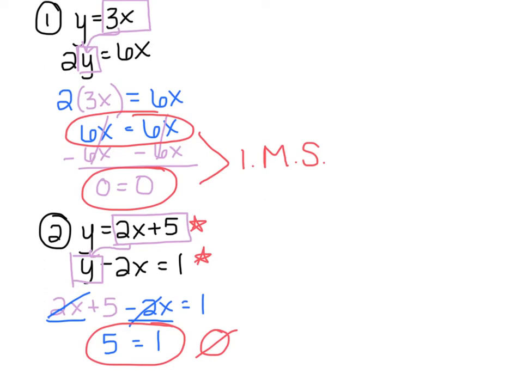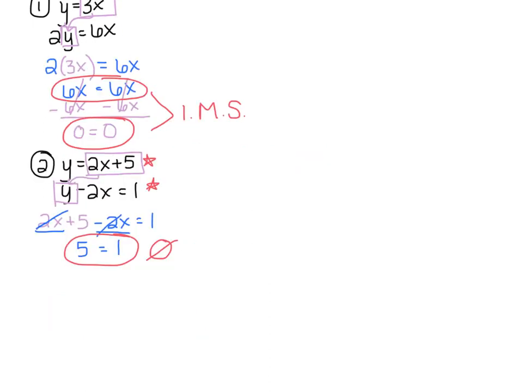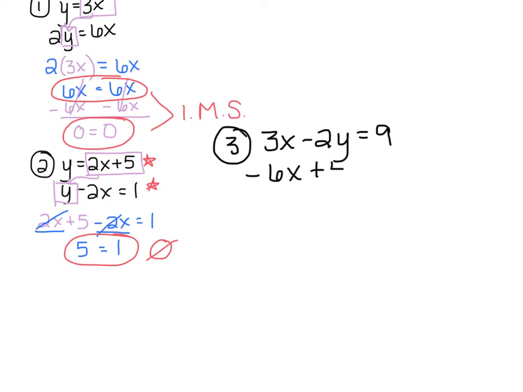Okay? And let's take a look at the third one. Number 3 says 3x minus 2y equals 9, and negative 6x plus 4y equals 1.